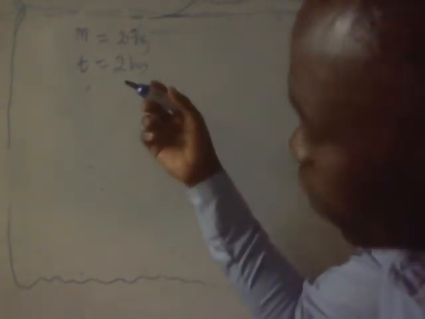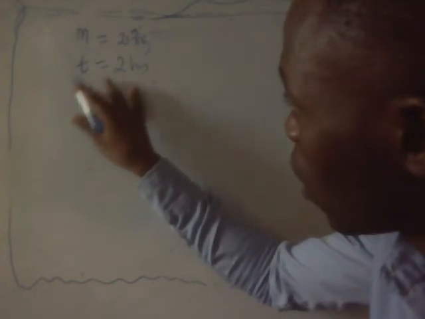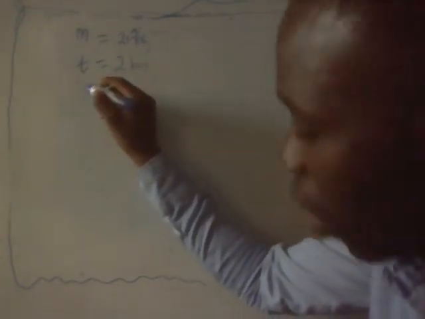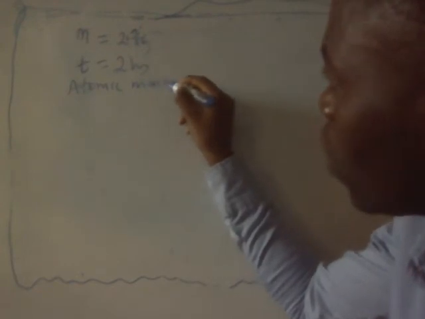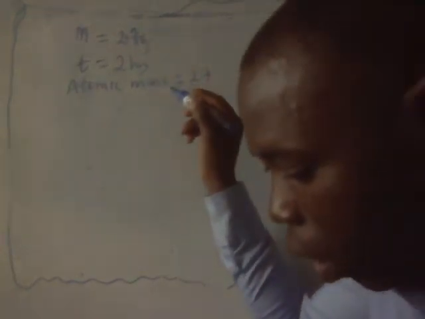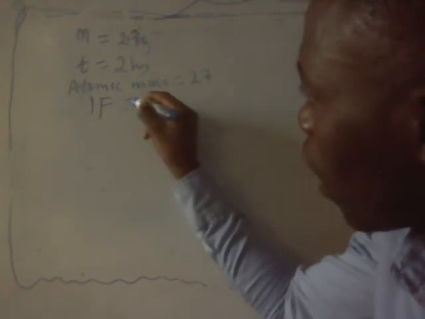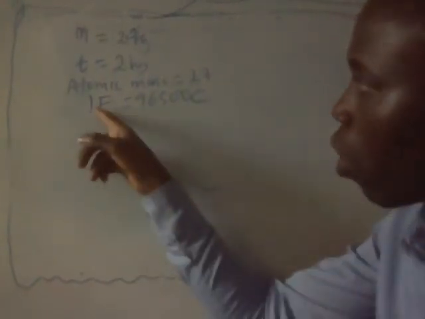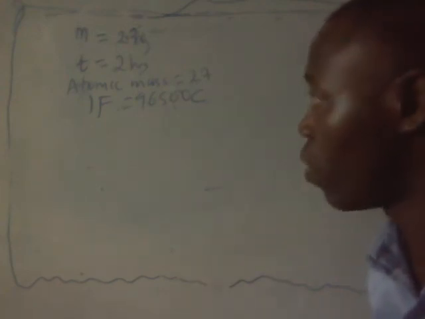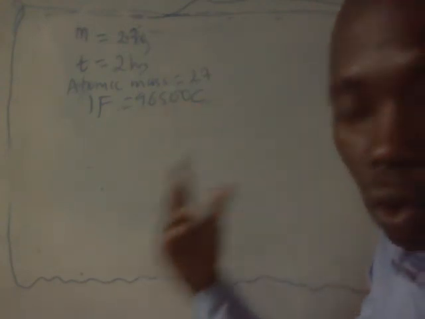Then they gave us the atomic mass of aluminium as 27, and 1 Faraday as 96500 coulombs. 1 Faraday, capital letter F, is 96500 coulombs.